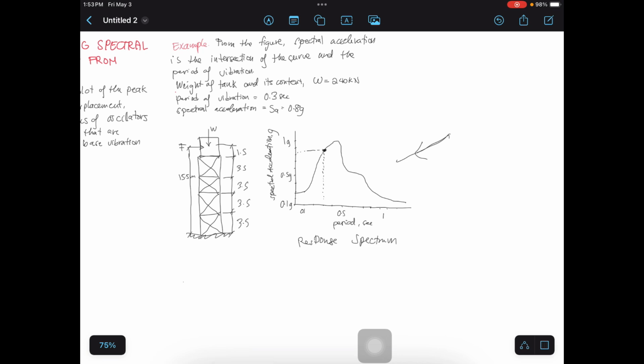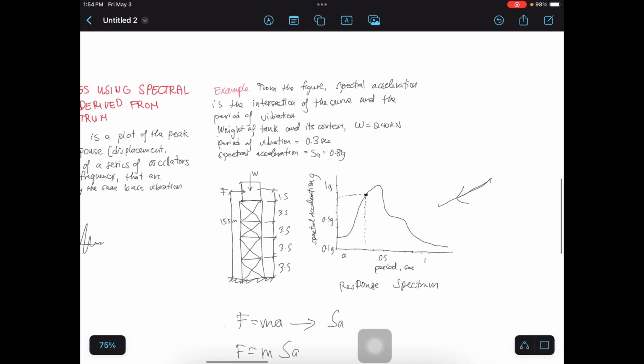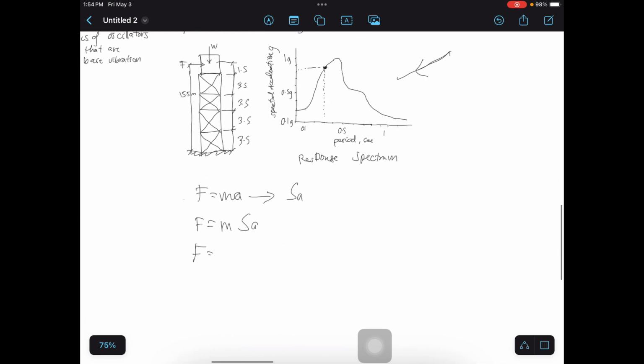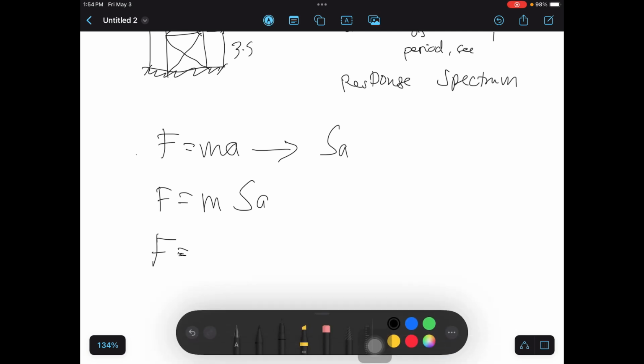So, if you remember, sa dynamics, meron tayong formula na ito. And then, since itong spectral acceleration is also our ground acceleration, which is SA, we can substitute yon sa formula ng F = MA. And then, substitute din yung weight ng water tank, pati yung content niya, which is 240 kilonewton. That's the weight. So, kailangan natin is mass niya.